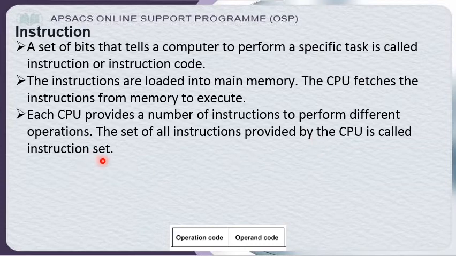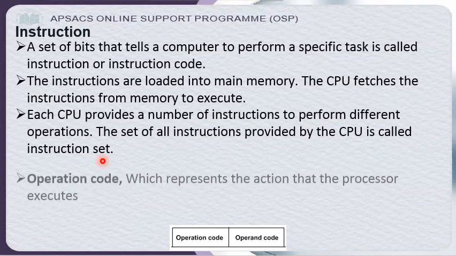The processor knows which operations it will perform, so all these operations are written inside the instruction set: whenever this code comes, I will do this operation. So every CPU has a list of instructions which it will perform.